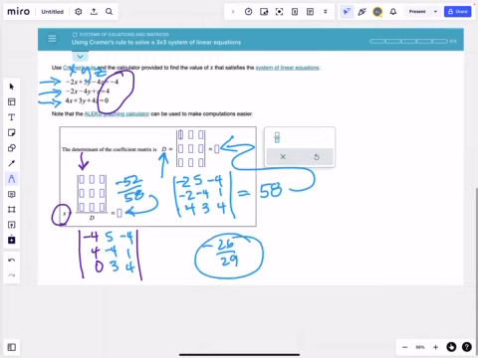All right, and so that's how you would find a specific value. And then if you were wanting to find Z, for example, you would replace the values of the coefficients that are in front of the Z, which is that third column. All right, hope this helps you, and I'll talk to you later.